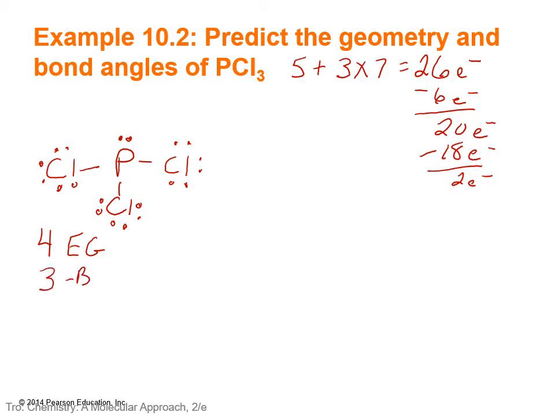3 are bonds. 1 is a lone pair. So if we look at the table, 4 electron groups, 3 are bonds, 1 is a lone pair. This would be trigonal pyramidal.